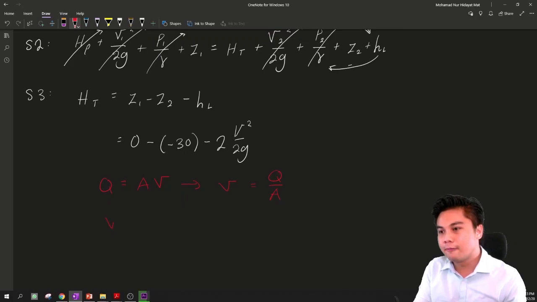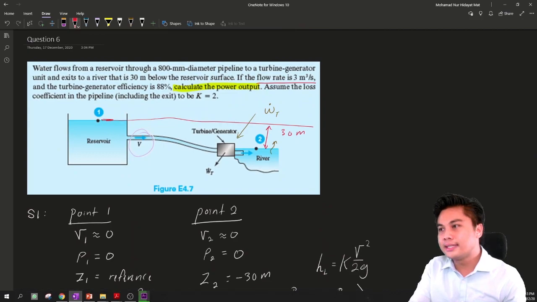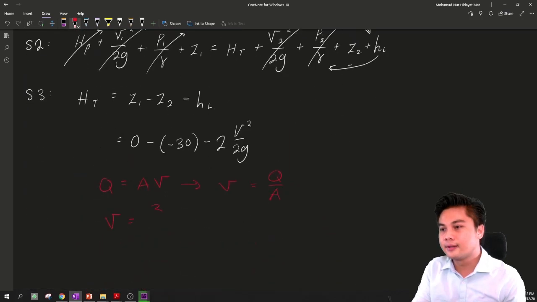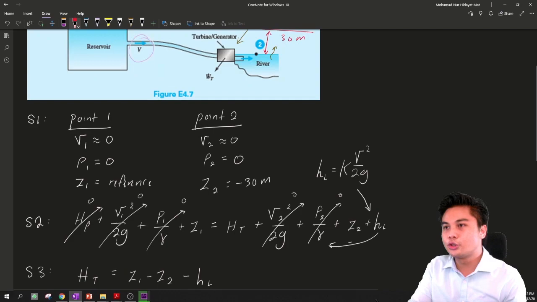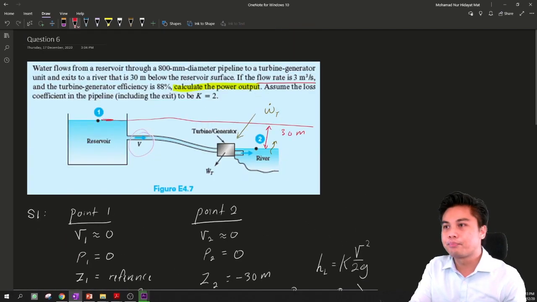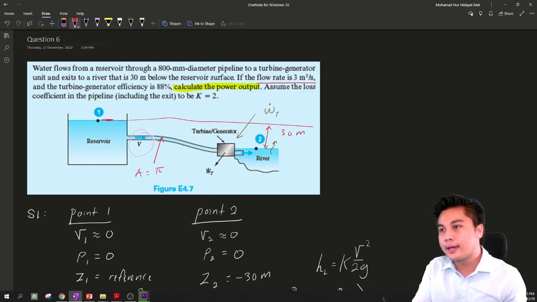Thus, to get the velocity, the volume flow rate is 3 meters cubed per second divided by the area. The area of the pipe is pi d squared over 4. The diameter given here is 800 mm, converted to SI units to be 0.8 meter.